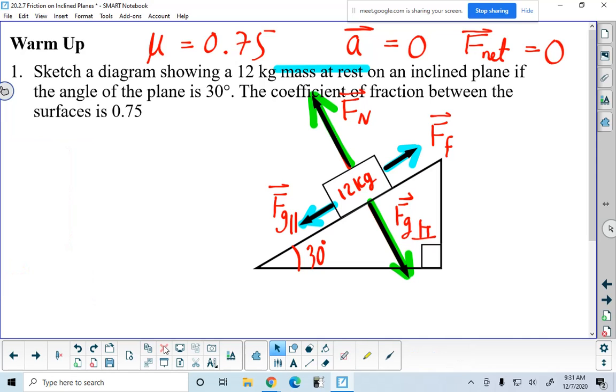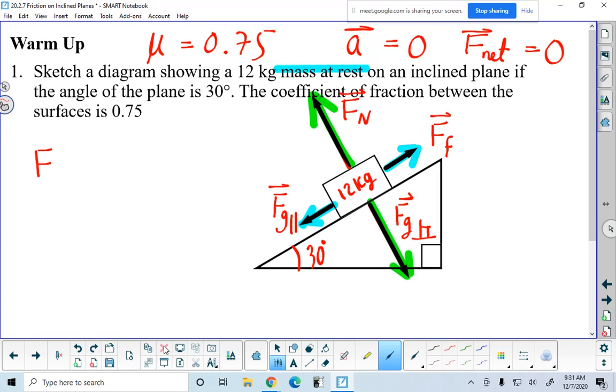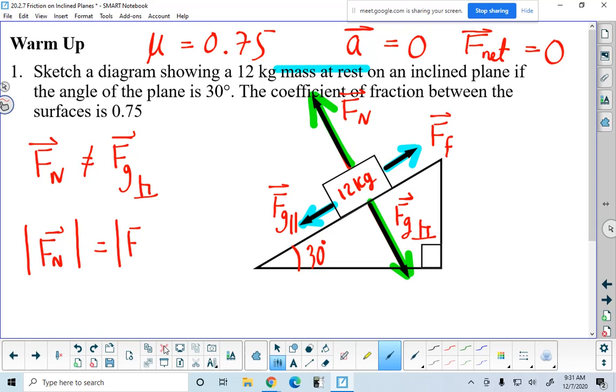What is always true for an object on a ramp is that the normal force is equal to the force due to gravity perpendicular. Looking at that diagram, I'm talking about the two forces I've highlighted in green, the magnitude of the normal force is equal to the magnitude of the force due to gravity that acts perpendicular to the ramp.